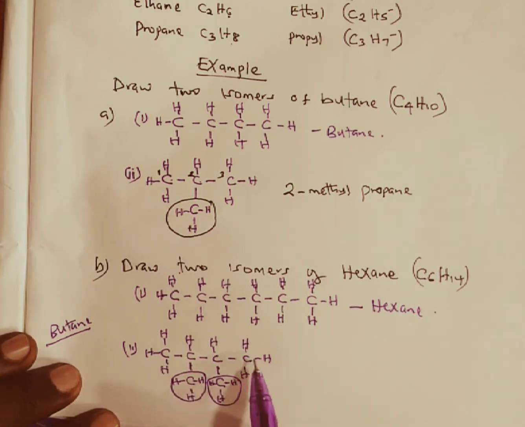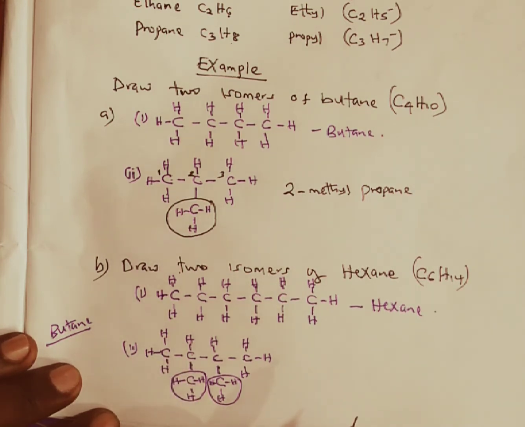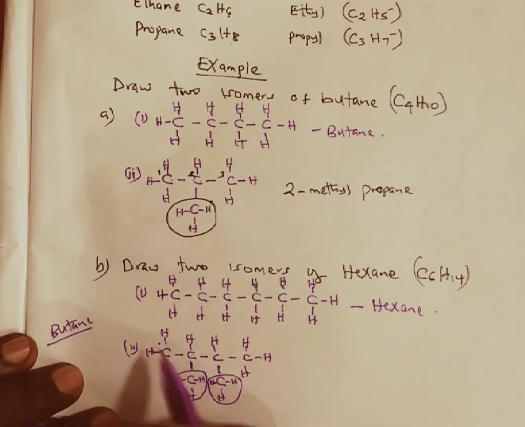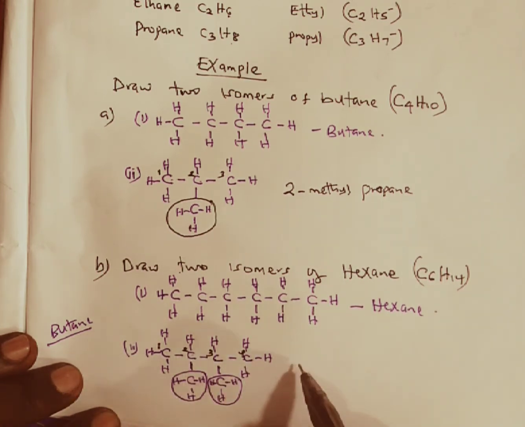In this case, we need to start numbering our compound from the end that has the branching. If we begin from the right hand side, this one will be number 1 carbon, then number 2. If we begin from the other side again, we have 1, 2, and therefore, since they occupy the same positions from either way, we can decide to number them from anywhere. If we begin here, we are going to have 1, 2, 3, 4. Then in carbon number 2, we have a methyl.